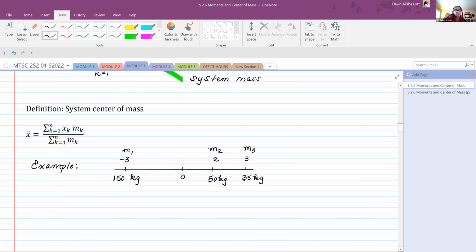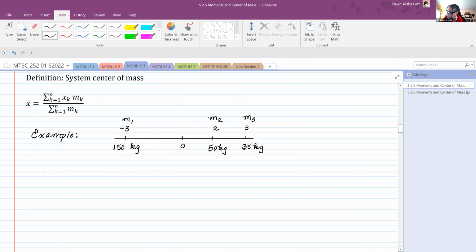Okay, so to find the center of mass, I need to first sum up the masses.